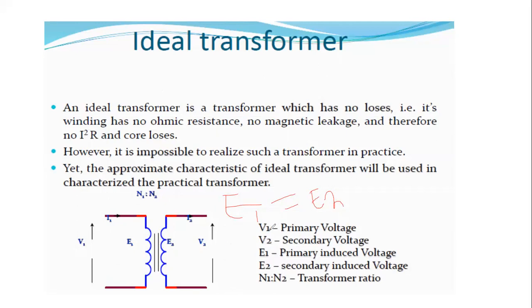Here V1 is the primary voltage, V2 is the secondary voltage, E1 is the primary induced voltage, E2 is the secondary induced voltage, and N1 and N2 are the numbers of turns. If the number of turns in the primary and secondary are equal, then E1 is equal to E2 in the case of the ideal transformer. But it is not practically possible. We are only studying it theoretically.